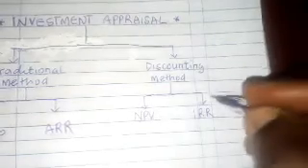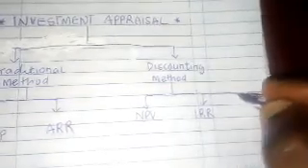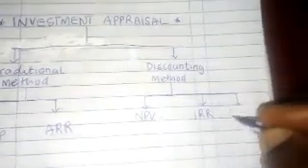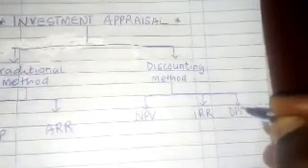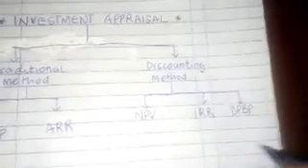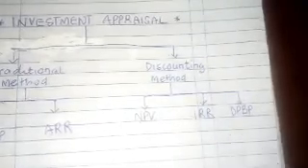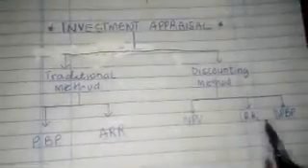So these are the discounting methods. Although we still have the discounting payback period too, in this scope we only consider these three.